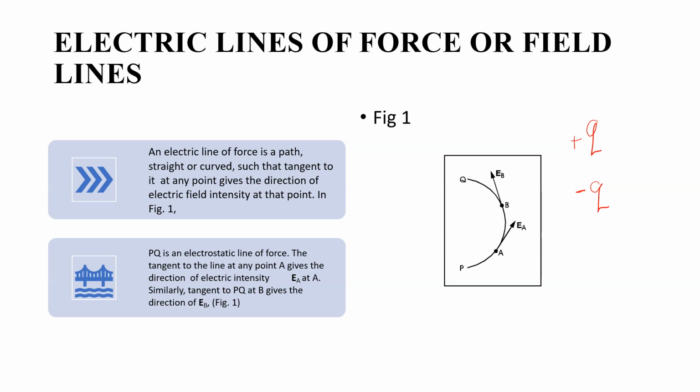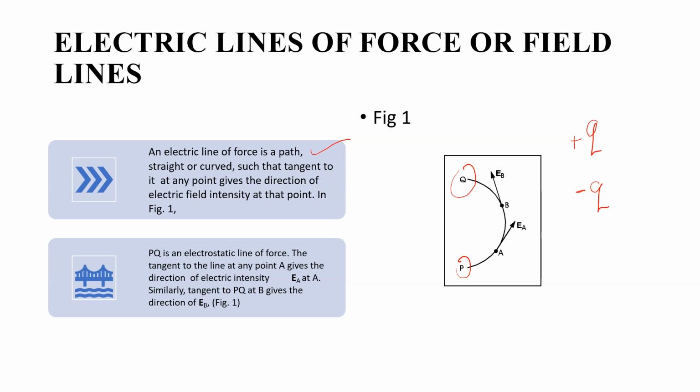So an electric line of force is a path. It may be straight or curved, such that the tangent to it at any point gives the direction of electric field intensity at that point. See figure 1. Here PQ is an electrostatic line of force.